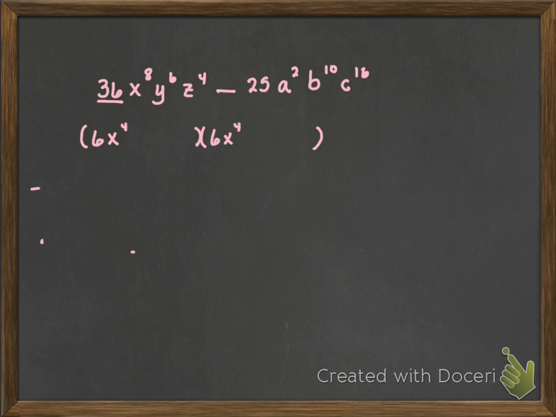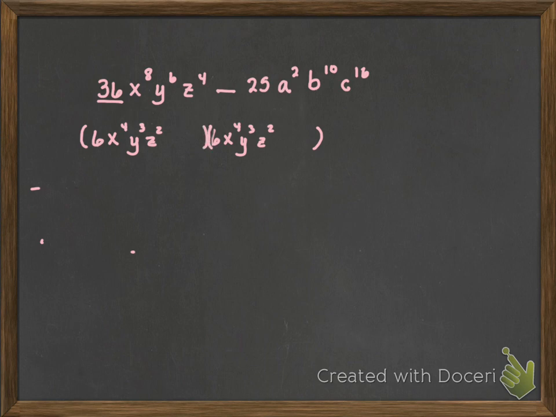Y to the 6th is a perfect square. 6 divided by 2 is 3. So y cubed will go next to the x to the 4th. Z to the 4th is a perfect square. 4 divided by 2 is 2. So I've got z squared. Now it looks like I may be running out of room here. So I'm going to have to try to maybe write a little bit smaller.